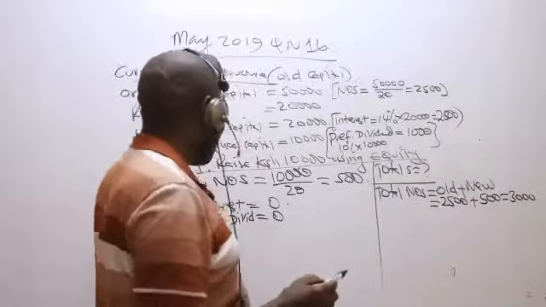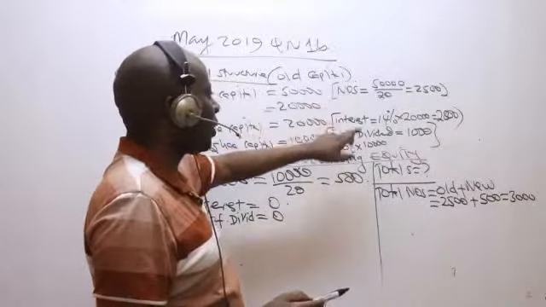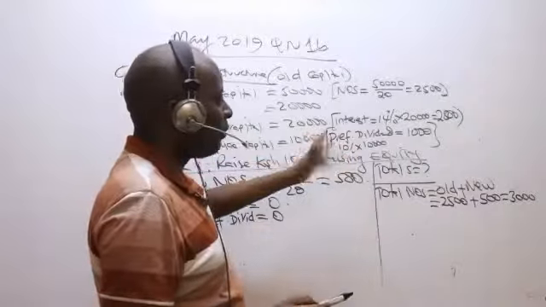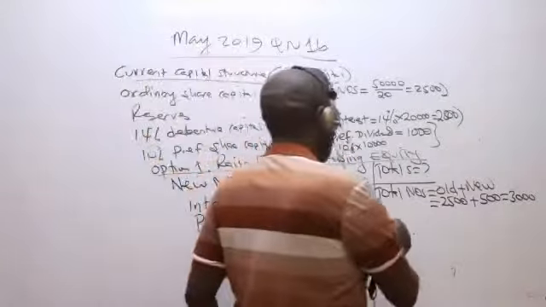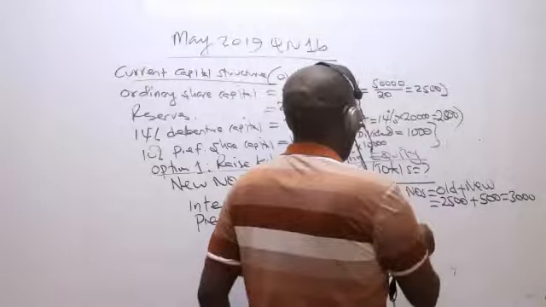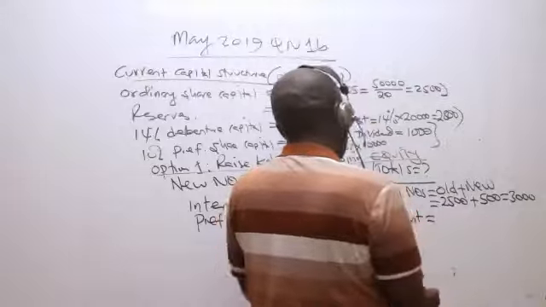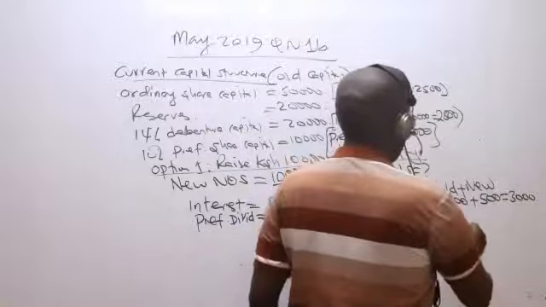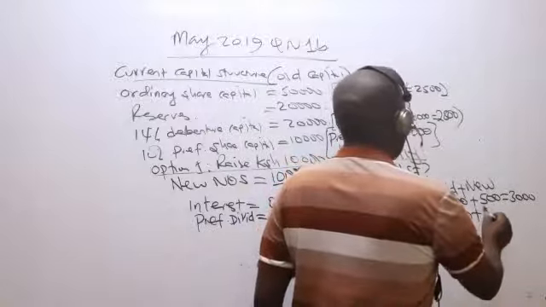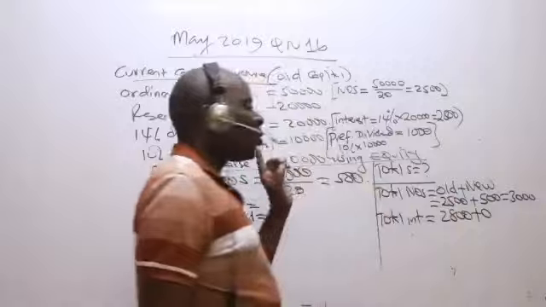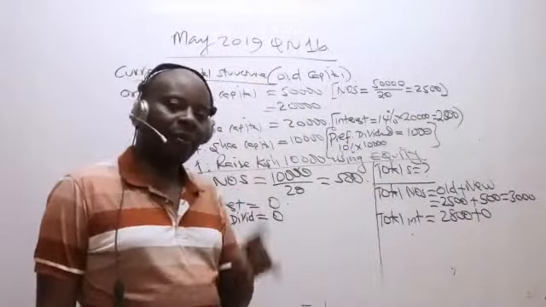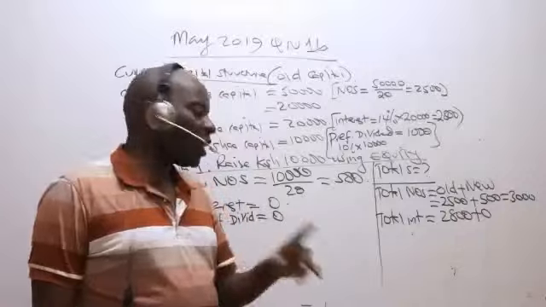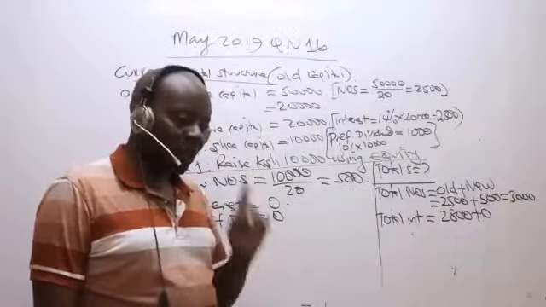At the same time, these three aspects are very important: number of ordinary shares, interest, preference dividends. Come and give me total interest. We are taking the old plus the new. So old interest here was 2,800. The new, in this option number 1, if you are going to use option number 1 to raise capital, then interest, as you've seen here, will be 0.